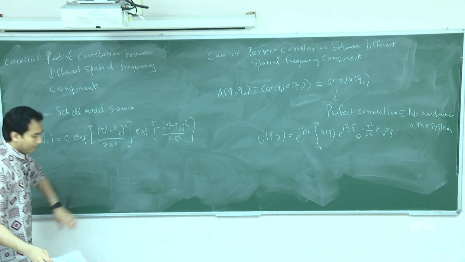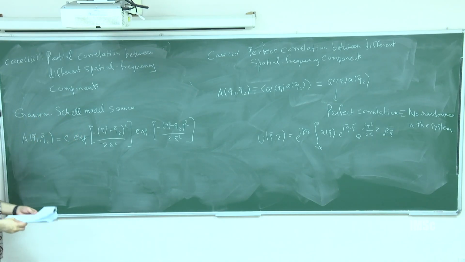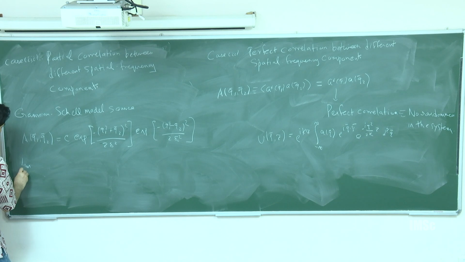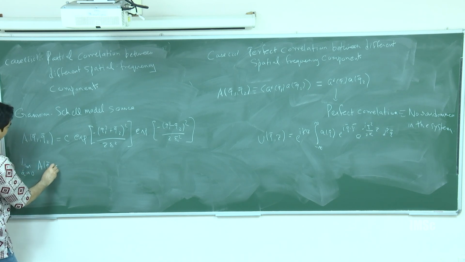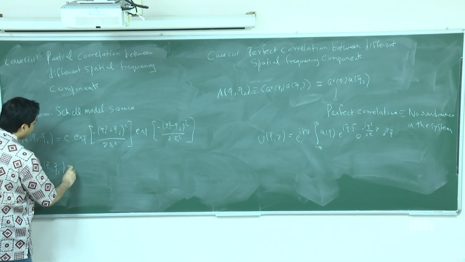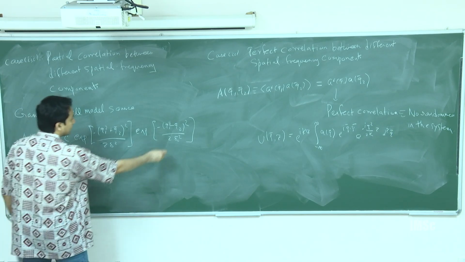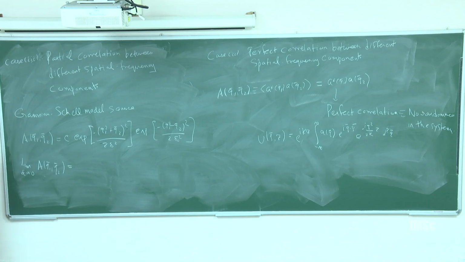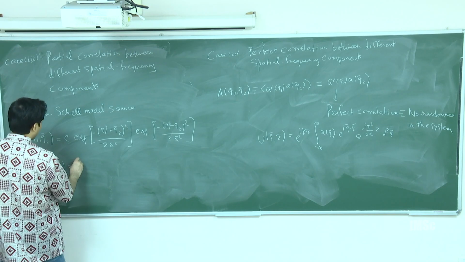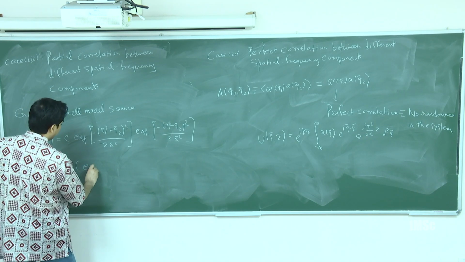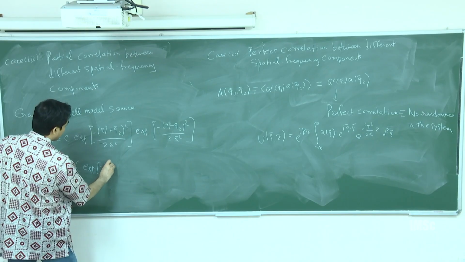So this is the Gaussian shell model source. So in the limit delta t approaching 0, we get back case 1 because this becomes a delta function. The second Gaussian becomes a delta function. So that is a case of no correlation.